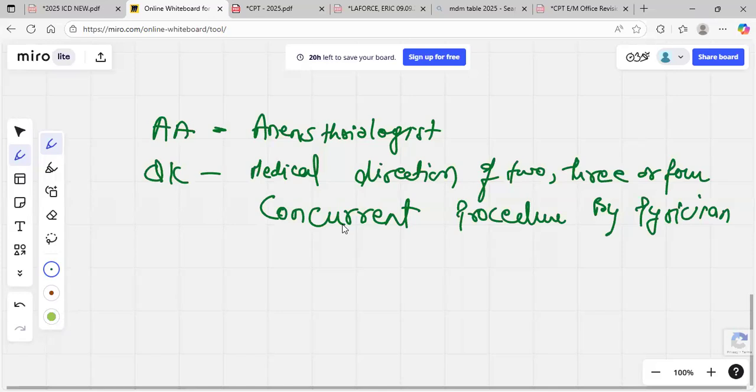Then we have the QY modifier. QY modifier will represent that medical direction has been given to the CRNA or the anesthesiologist assistant. Then QX will represent that anesthesia was given by the CRNA. So I'm going to send you one picture which will show all the modifiers.